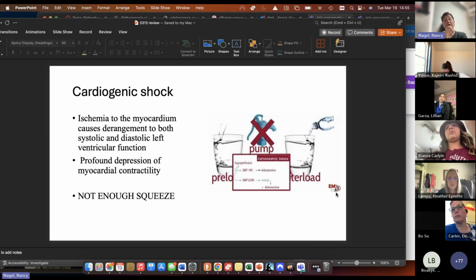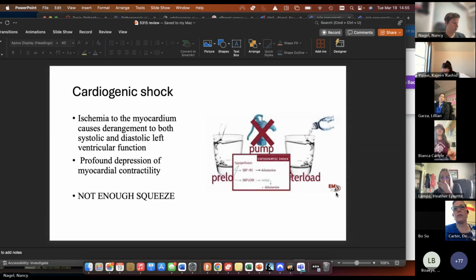All right. So if we are overloaded with preload and our myocardium, especially that right ventricle that I talked about at the beginning of this adventure that we're on, if that gets stretched out, that causes some back pressure, that causes your CVP to go up, that causes your right ventricular pressures to go up.